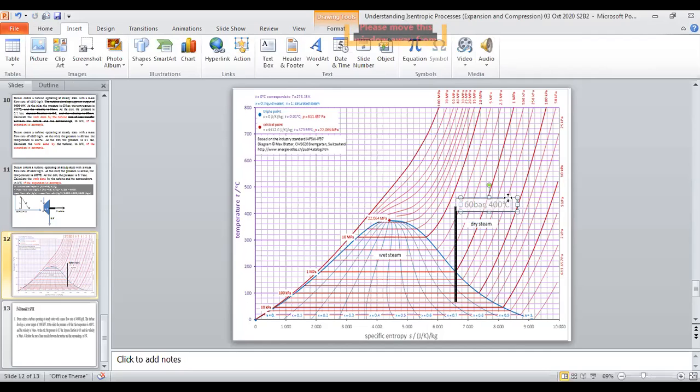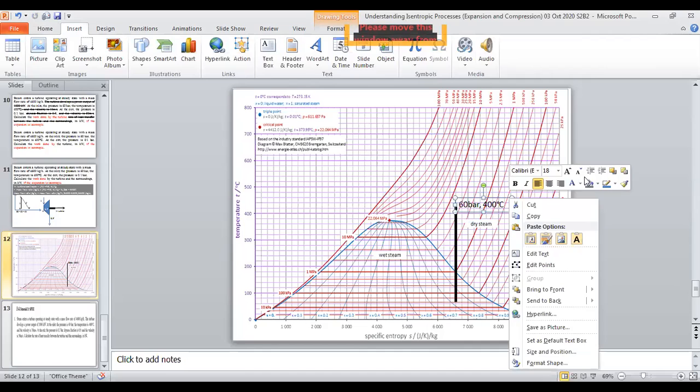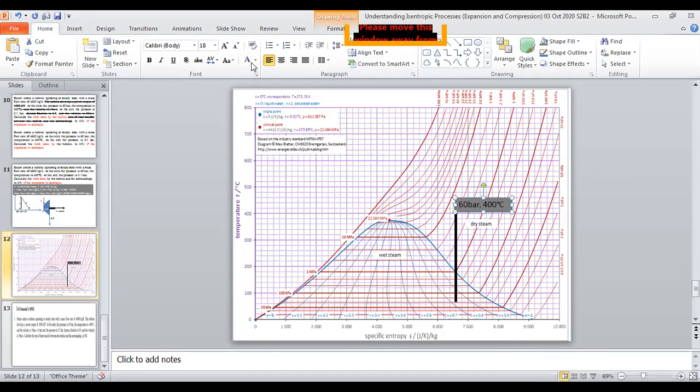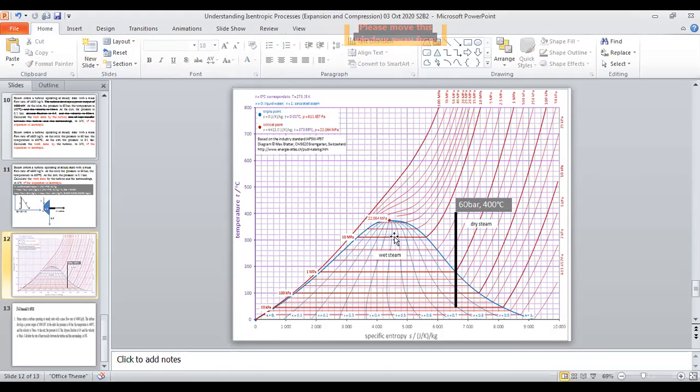It may be somewhere here when it comes to the actual applications of steam power plants. You can see the dome here, the blue colored one. We call this the vapor dome. Two phase inside, and beyond that, to the right and above, all superheated.